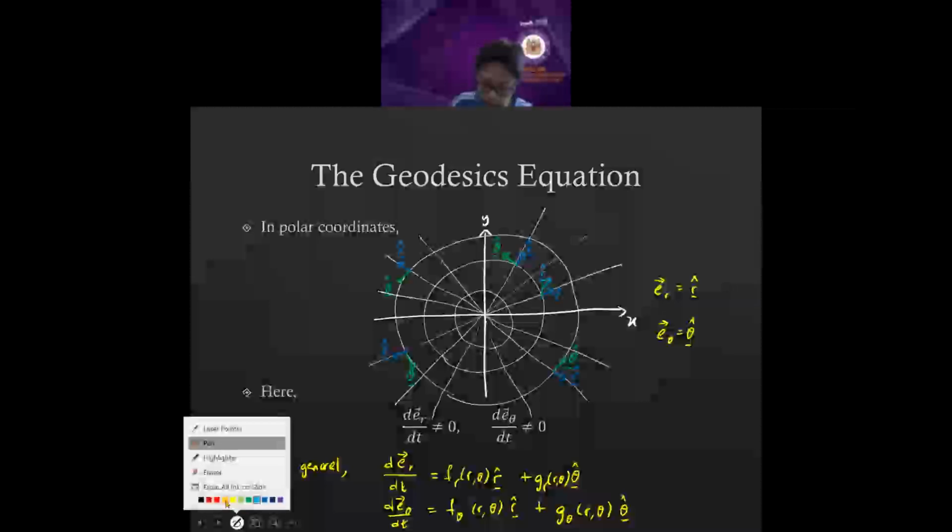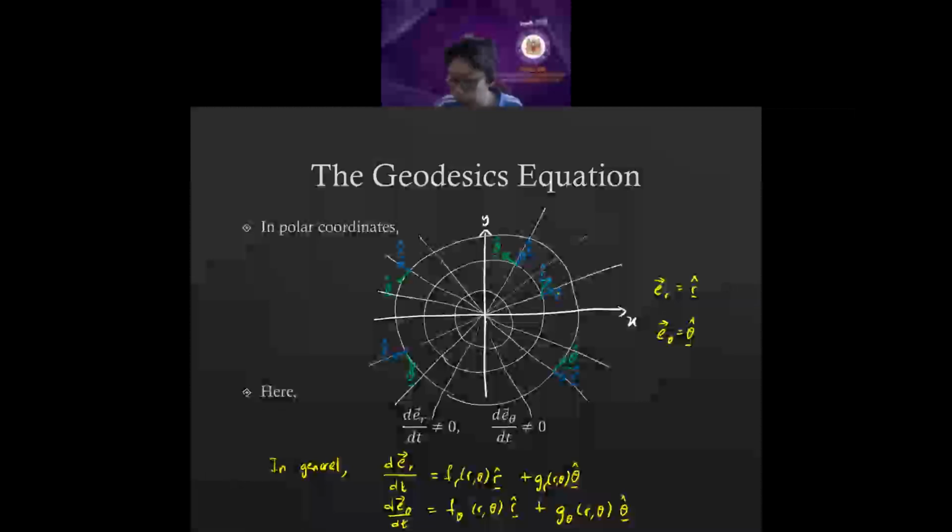Which means that the basis vector, as you move along this line, is going to be changed by this amount. So the rate of change of R is going to be given by this vector over here, right?